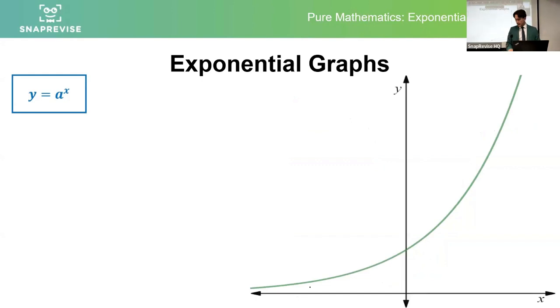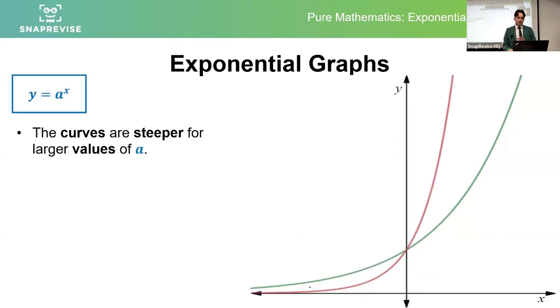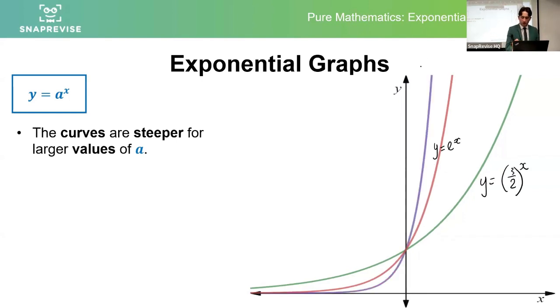So the key things to look out for is the curves are steeper for larger values of a. So if we had a comparison there of, say, for example, e to the x, and if this was y equals 1.5 to the x, that'd be a bit less steep. And then if we did that, that might be something like y equals 6 to the x, because 6 is bigger than e. So they've got a lot of key features they share.